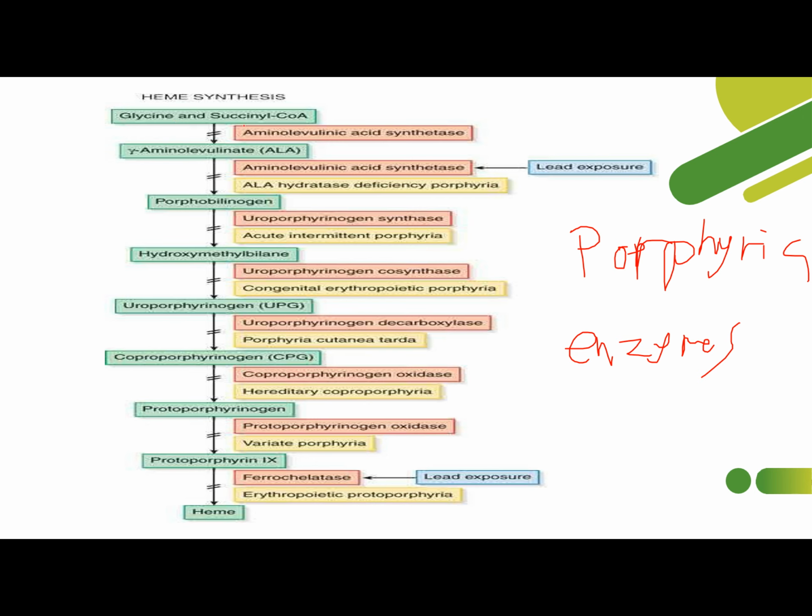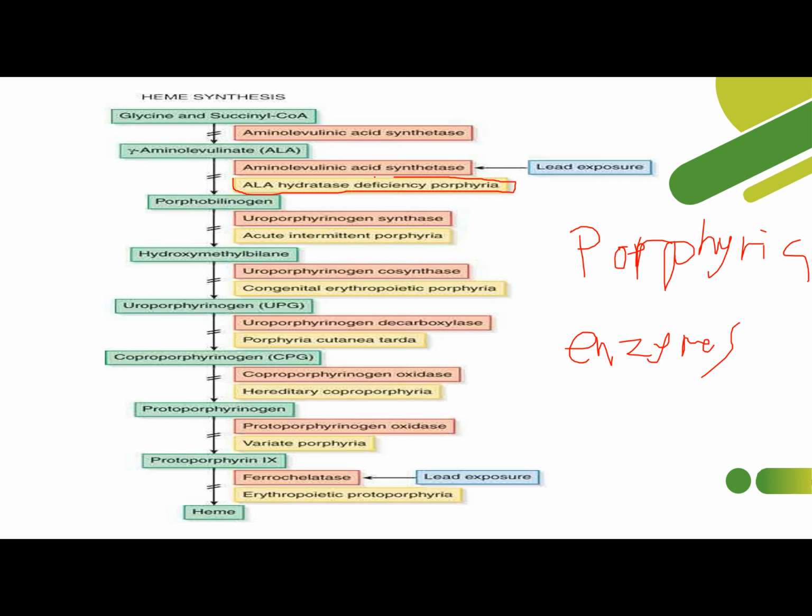Now, glycine and succinyl-CoA would be converted into gamma aminolevulinate or ALA by the enzyme aminolevulinic acid synthetase. Now, gamma aminolevulinate, class, is further converted by aminolevulinic acid synthase into porphobilinogen. Now, take note of this one, this yellow one, class.